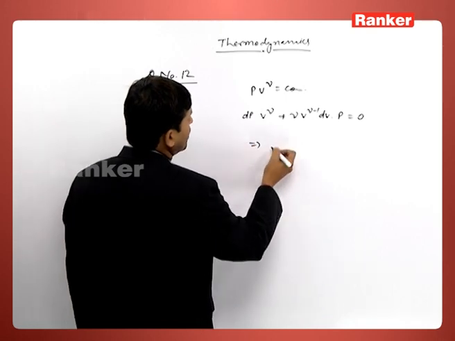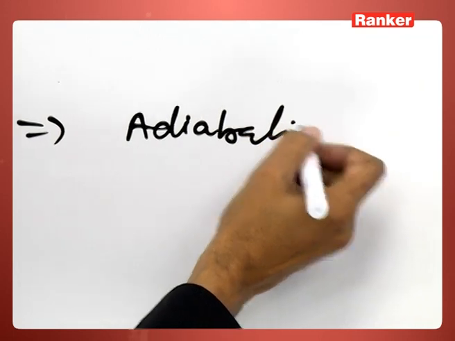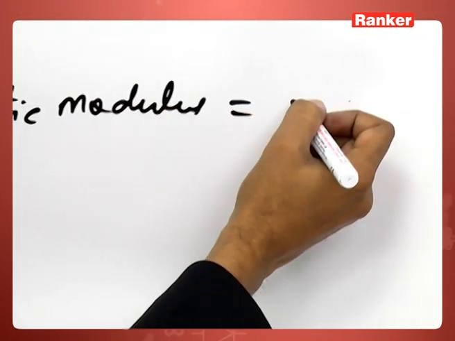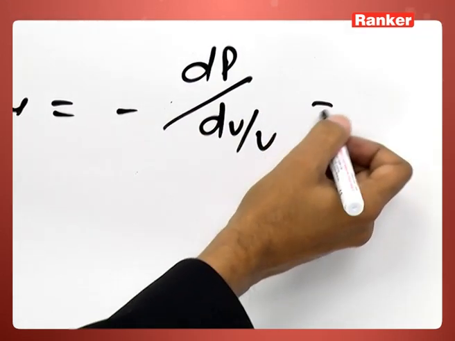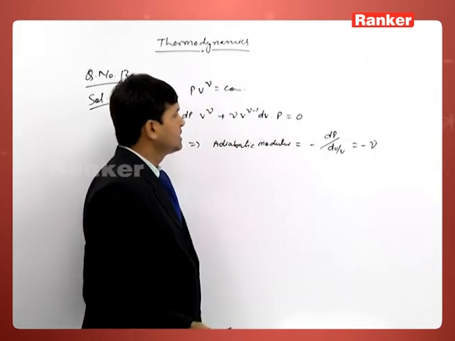So the adiabatic modulus, that is minus dP by dV by V, comes here as gamma into P.